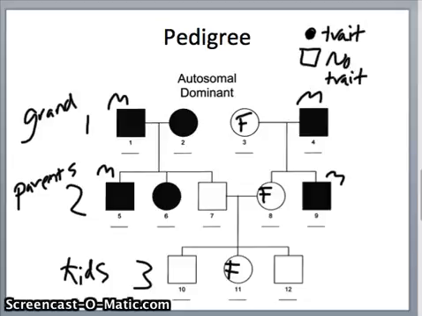Now, the reason why this is a dominant trait is that, first of all, all these have it, and then for two people who don't have the trait, all their kids don't have it. That could happen if two people are dominant, but it usually only happens if it's recessive, because now you can only pass down a little letter to all your children.